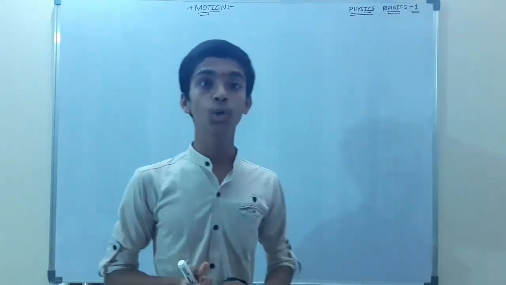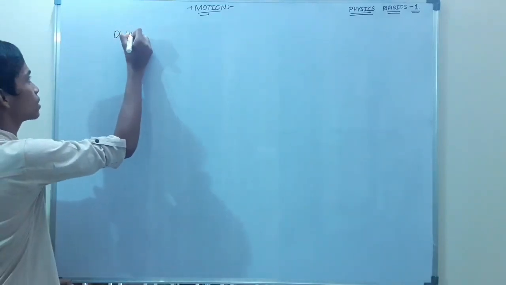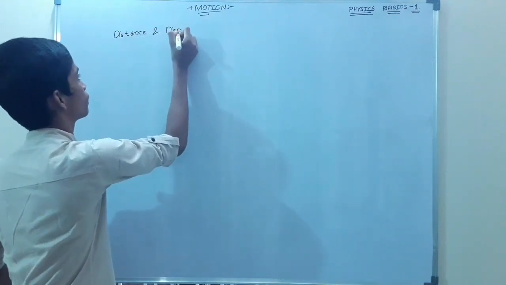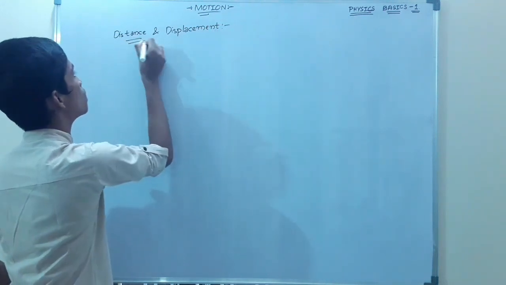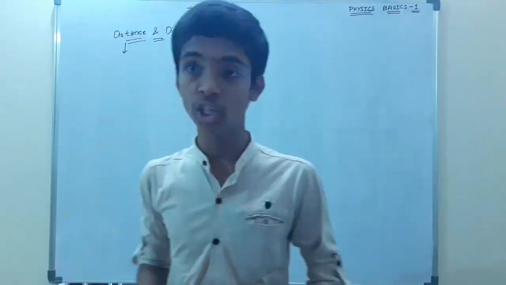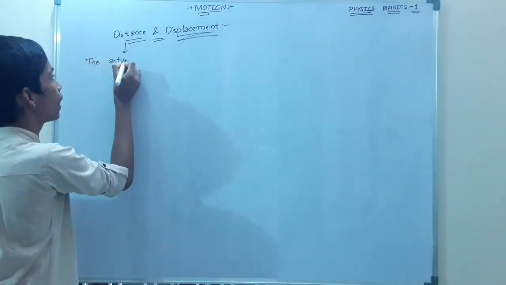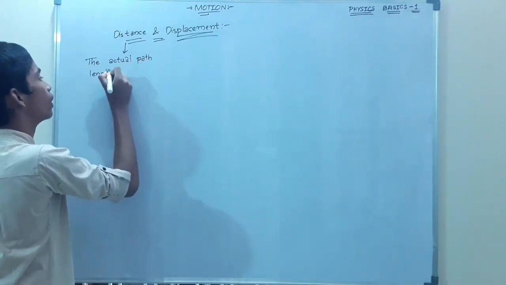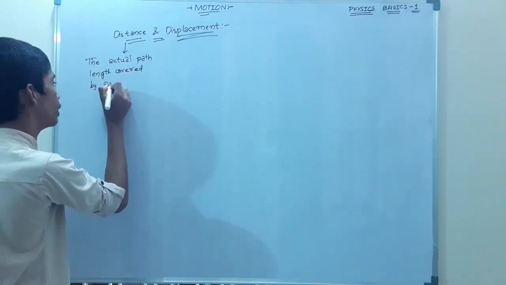And now let's go to distance and displacement. First we'll go for distance, and along with this, displacement. What is the distance? The definition of distance is the actual path length covered by a body.